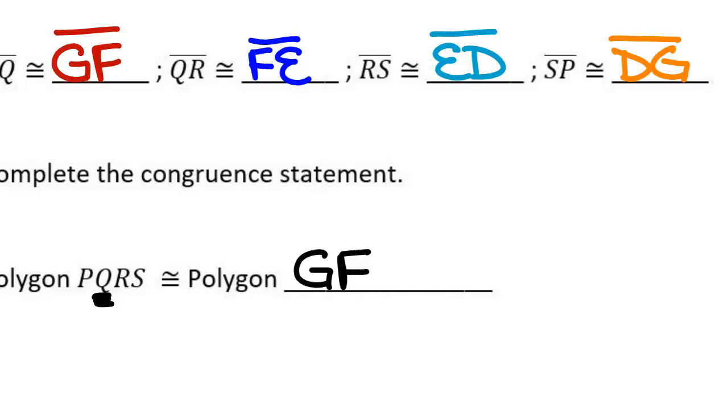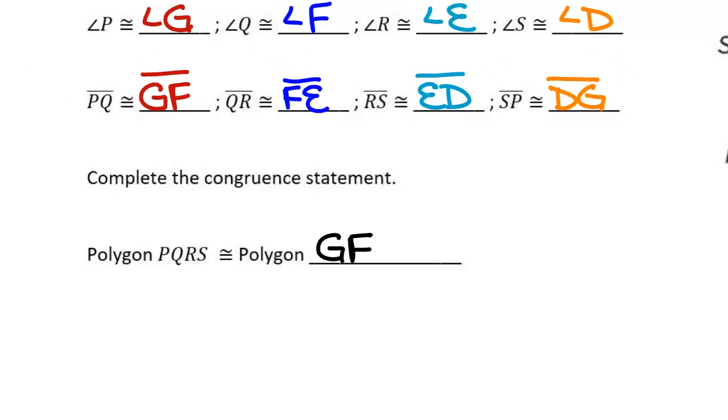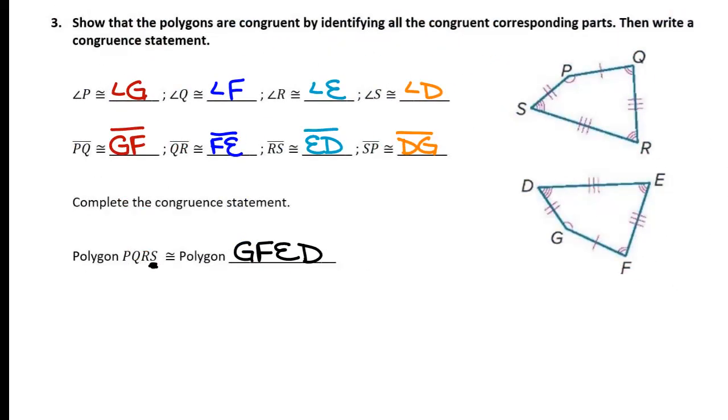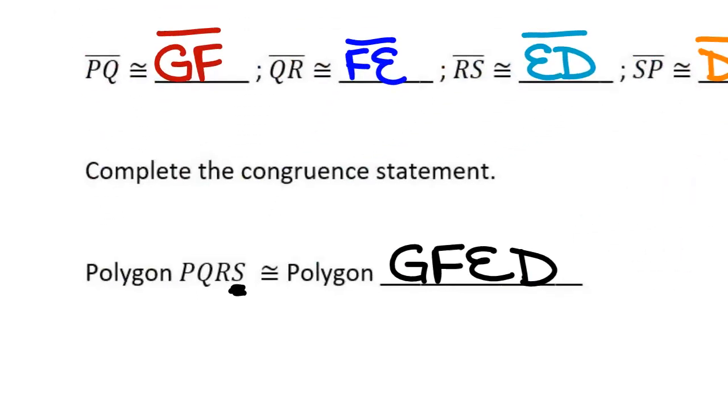F. Then we have R. What's corresponding and congruent to R? E. And finally, we have S. What is corresponding and congruent to S? D. Now, before I can call this done, I want to go through and make sure that all of my corresponding segments are also in the right order here and are congruent.